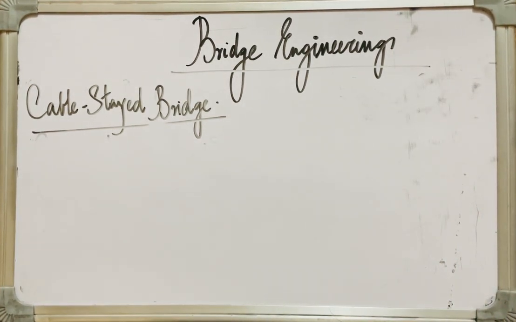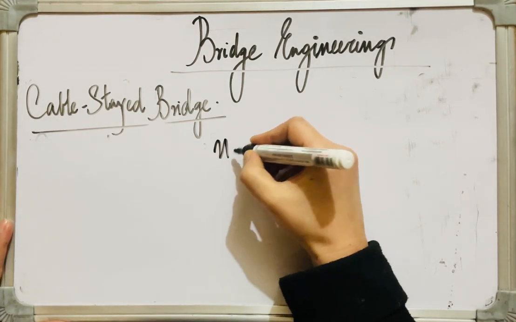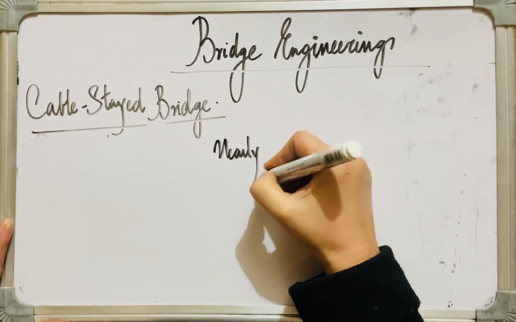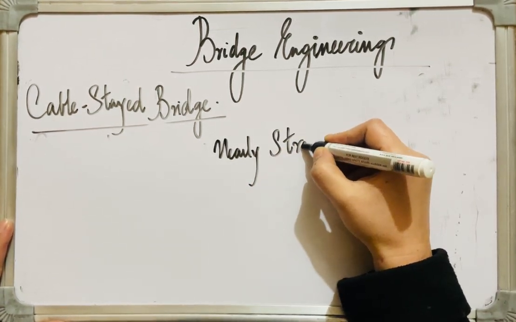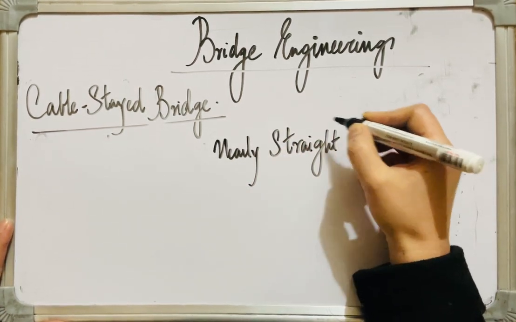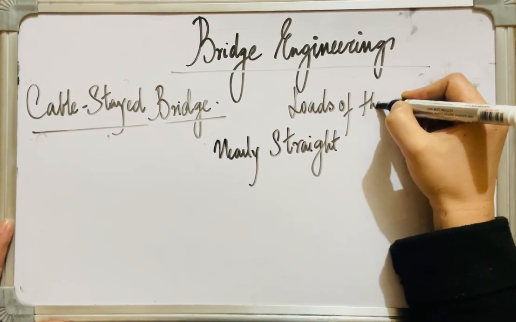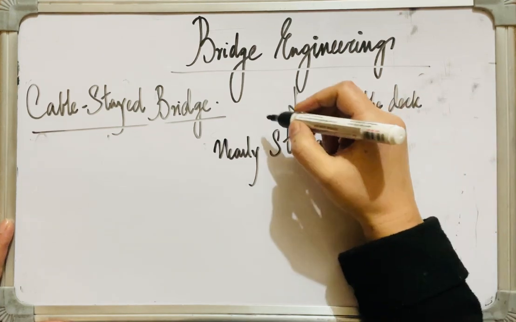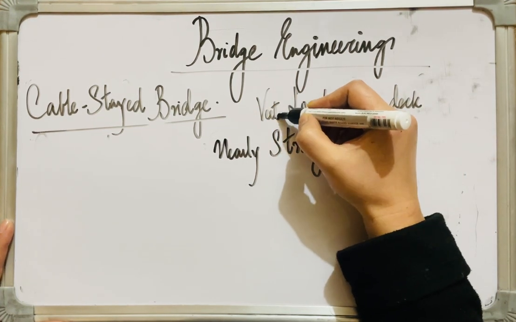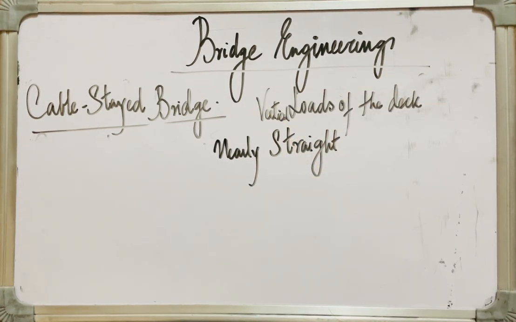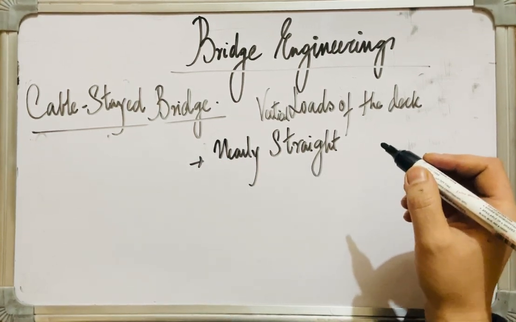Now in a cable stayed bridge, the vertical loads are carried by these nearly straight cables. Their function is to carry the loads of the deck. So the loads of the deck, vertical loads, they are carried by these nearly straight inclined cables.